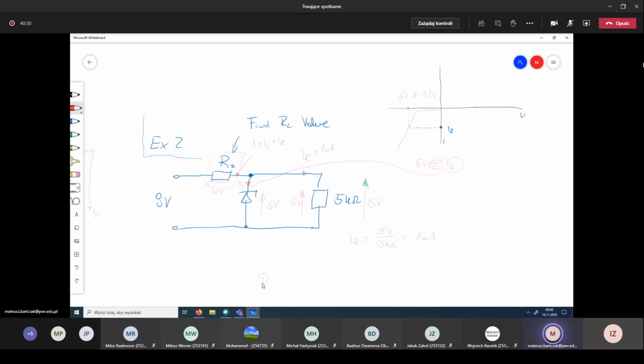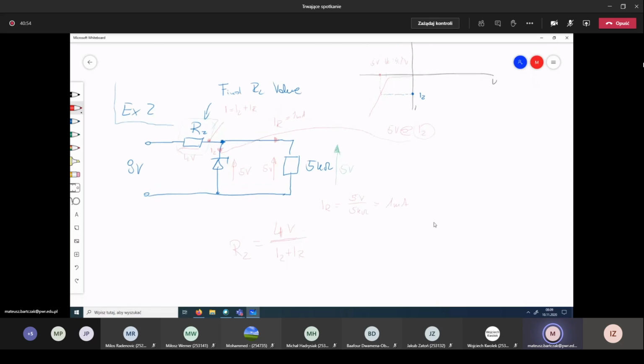So the resistor R2, according to Ohm's law, will be equal to 4 volts divided by IZ plus IR, and that's how you can find the resistor value. Is it clear to you? Yes. Okay.